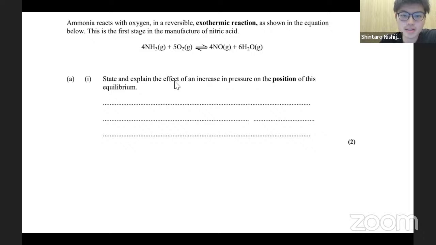Okay, state and explain the effect of an increase in pressure on the position of this equilibrium. Do people want to type in the chat what would happen? Would it shift to the left or the right? I'll give you guys 1 minute to type in the chat, left or right.